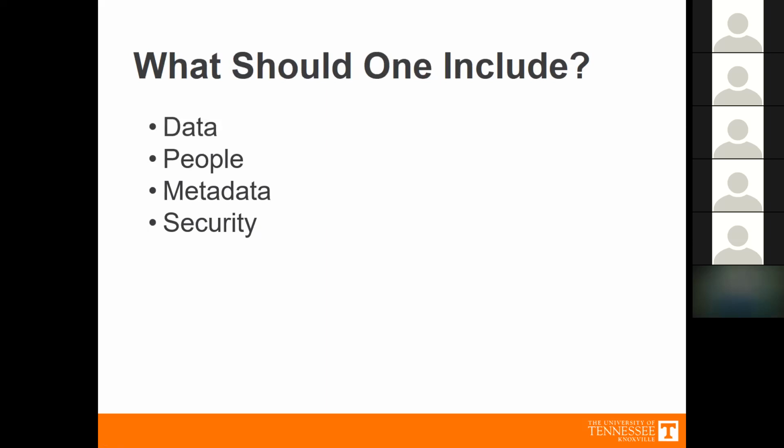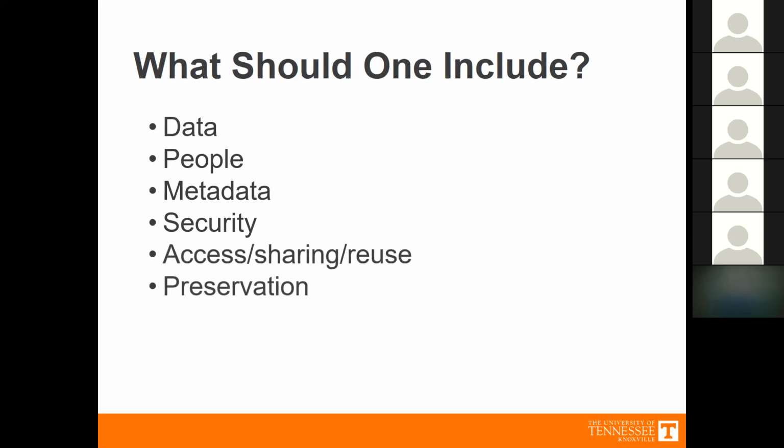Security measures that you will employ to make sure that your data is secure and doesn't get breached. And any access, sharing, and reuse issues, you'll address those as well. And also, how do you intend to preserve the data at the end of the research project?